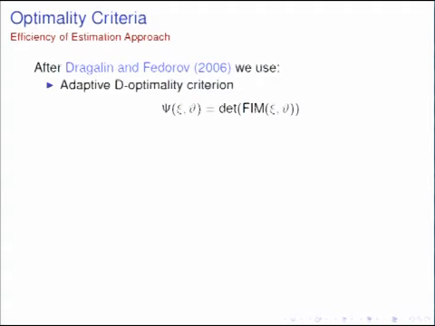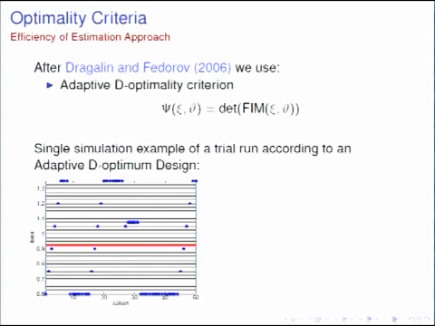So what we've done now, we just looked at the adaptive d and penalized adaptive d. So that's the adaptive d, the criterion as usual, determinant of the Fisher information matrix. And here we have a similar plot for the single simulation. And that's what we would expect.